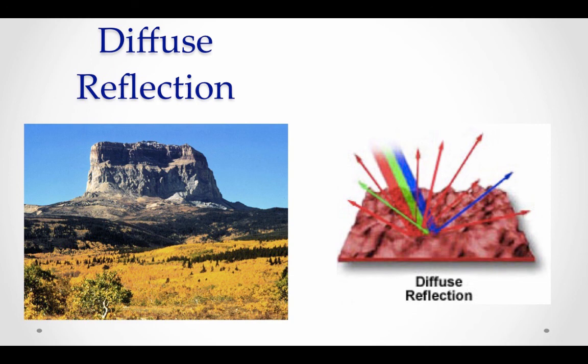On top of that, the material that this light is bouncing off of is also absorbing a whole bunch of the light that's bouncing off that mountain and a whole bunch of the sunlight, which is why we get color, because of the light that's absorbed. We're only getting the frequencies that aren't absorbed.